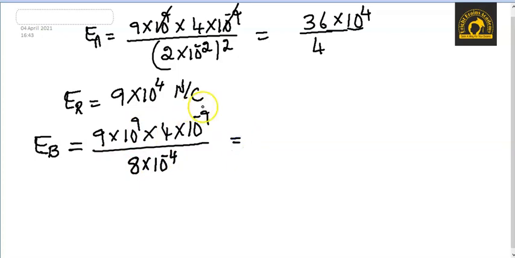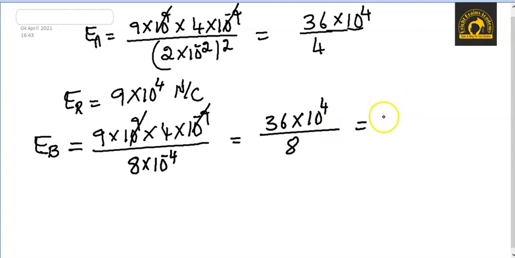So plus 9 minus 9 cancel, 36 into 10 to the power of plus 4 divided by 8, which is 4.5 into 10 to the power of 4 Newton per coulomb.